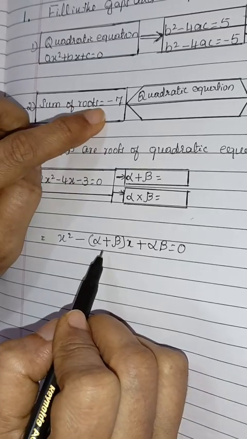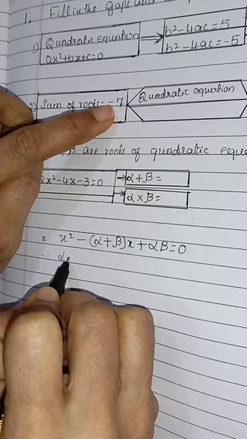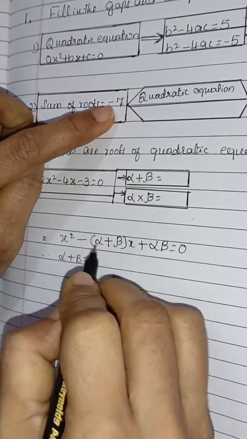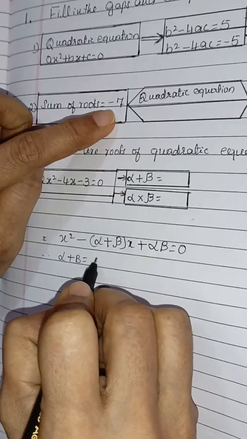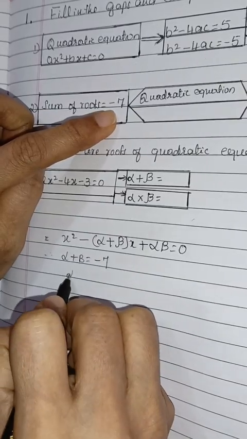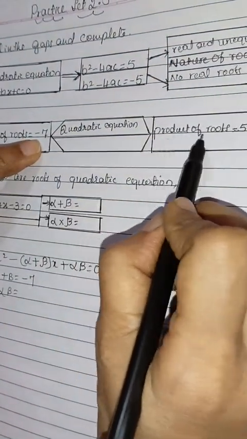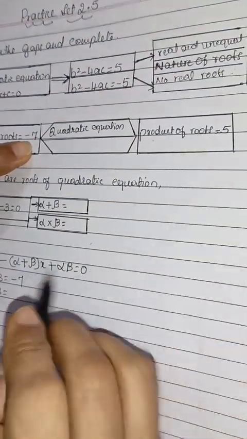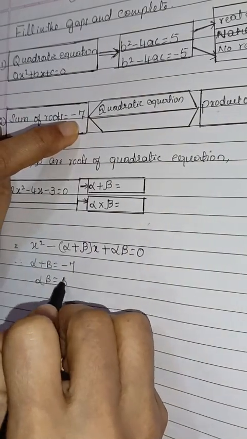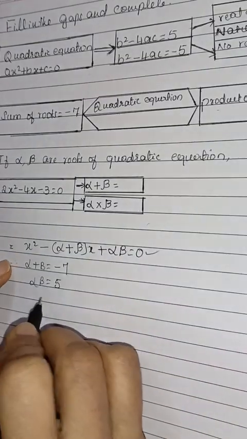Sum of roots is -7, therefore alpha plus beta, how much? -7 is given here. And alpha beta, that is the product, is 5. Now we have to substitute this in the formula.